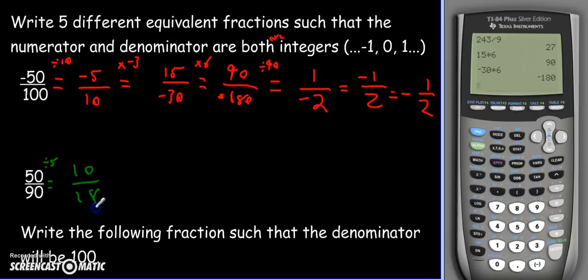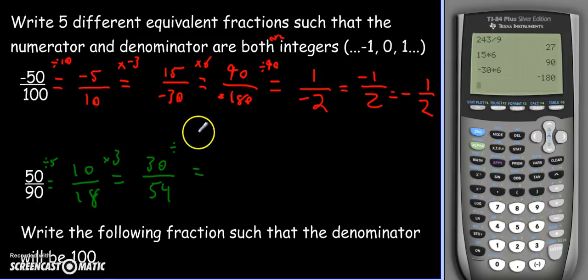We can then multiply them both by 3, and that'll be 30 over, what's 18 times 3? Well, that's 30 and 24, so that's 54. Can then divide both of them by, what do I want to divide them by?